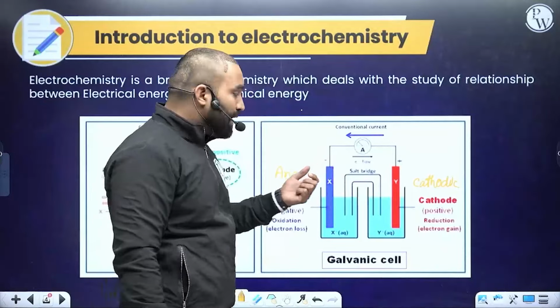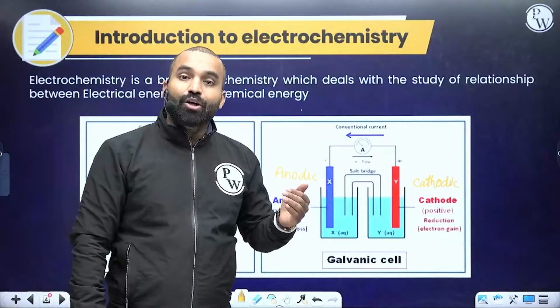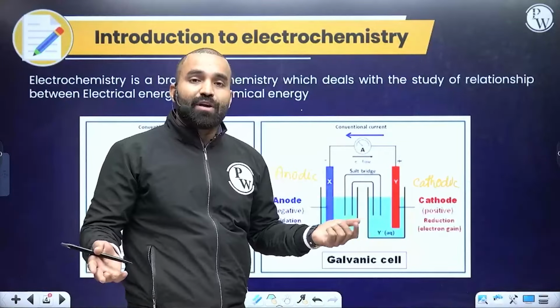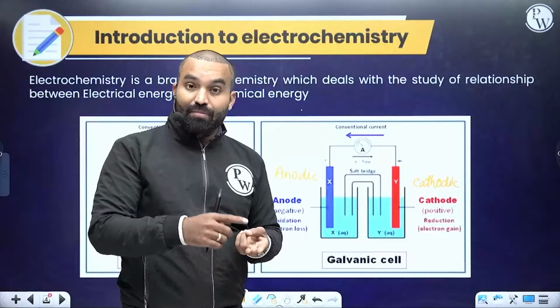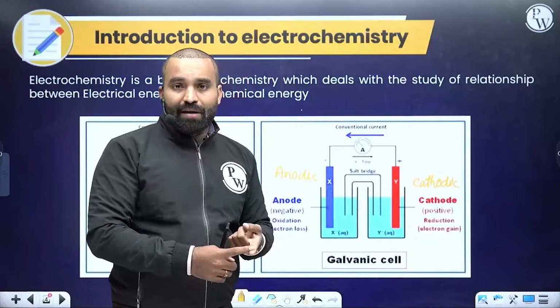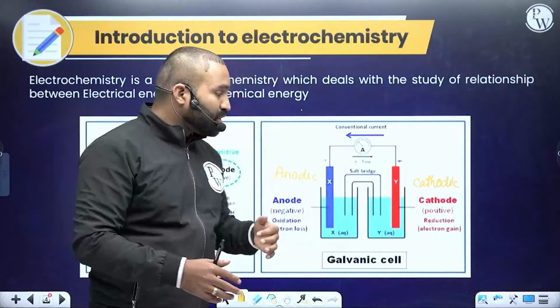First of all, anode and cathode are two types of electrode. Electrodes are made up of various species. The major component could be a gas or a metal or various others. We have a list of those we need to look at.